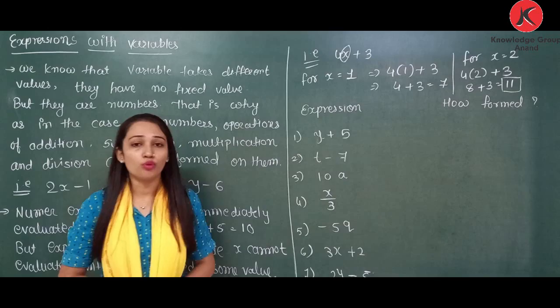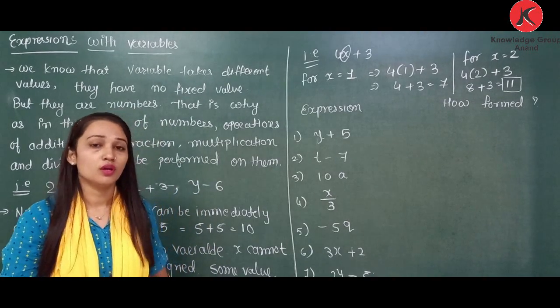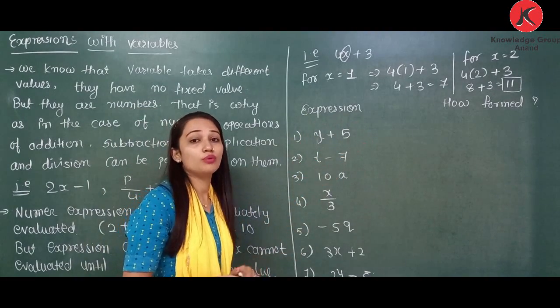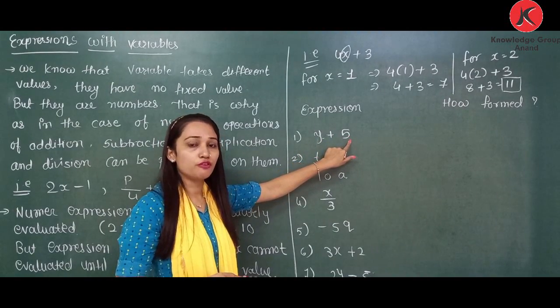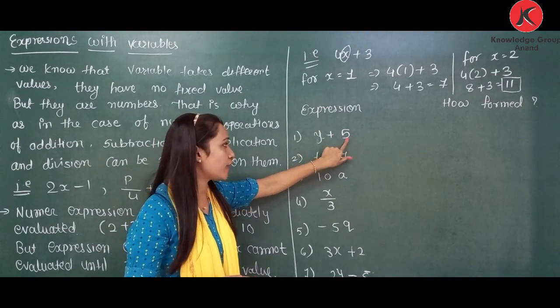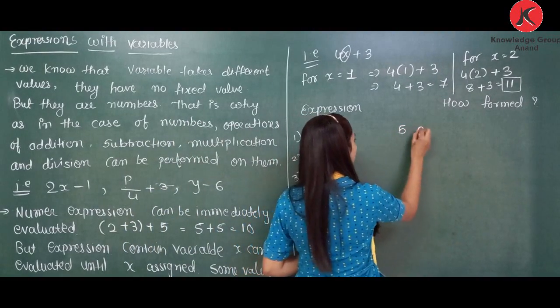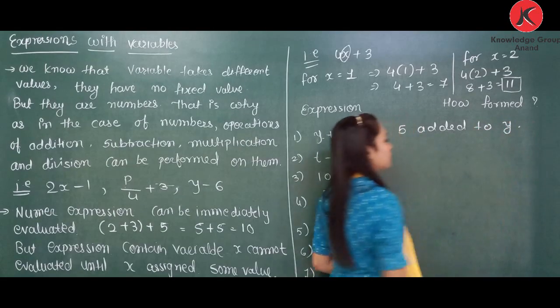Now we will learn how to write expressions, how expressions are formed. Here expressions are given and we need to write how they are formed. y plus 5. How can we form this expression? If we add 5 to variable y, we can write 5 added to y.